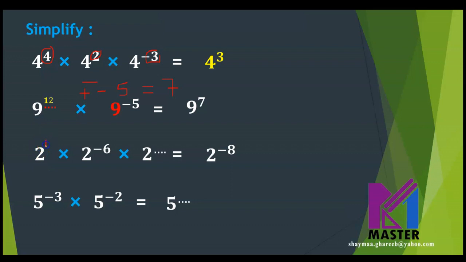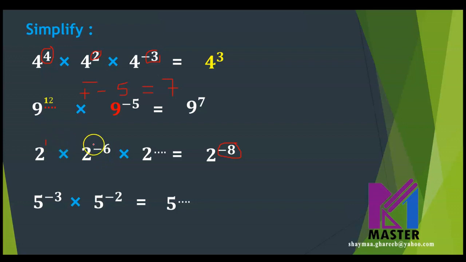I have here power 1. So 2 times 2 to the power of negative 6 times 2 to a missing power equals 2 to the power of negative 8. So I need all the powers here, or the 3 powers I have, to add up to negative 8. Let's do it together. 1, which is the first power, times 2 to the power of negative 6.